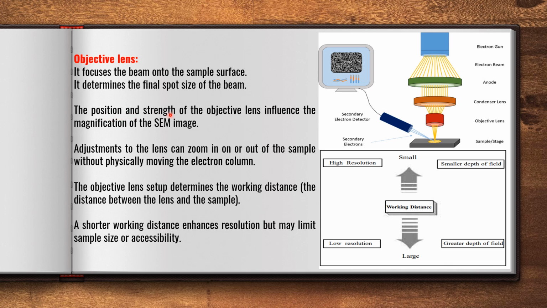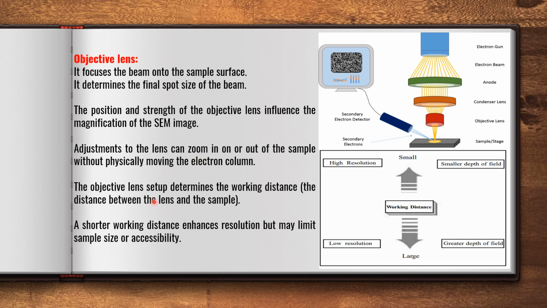The position and strength of the objective lens influence the magnification of the image, whether it needs to cover 200 nanometers, 1000 nanometers, or 2 micrometers. That is decided by the objective lens. Adjusting the lens is like a camera: we can zoom in or zoom out, and similarly we can get the image zoomed in or zoomed out.